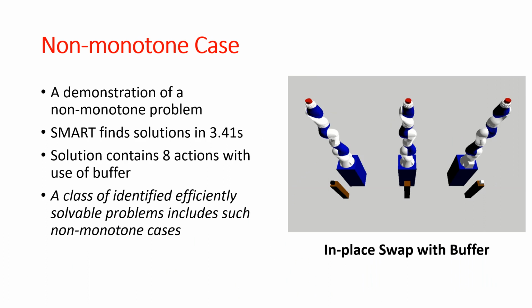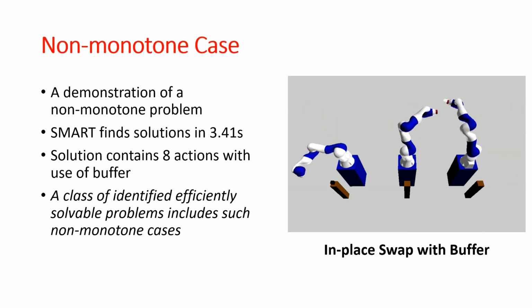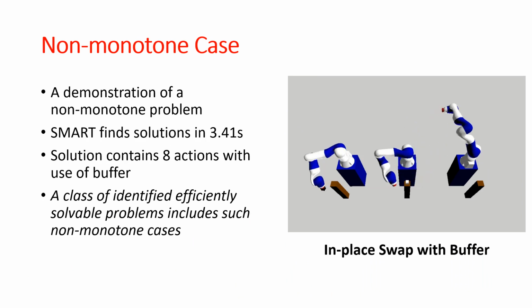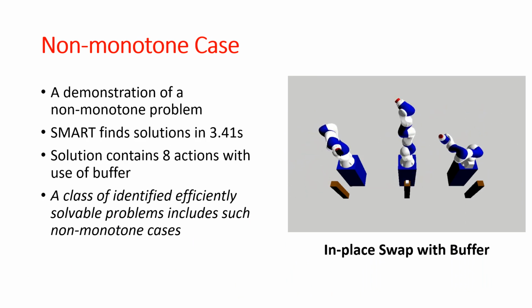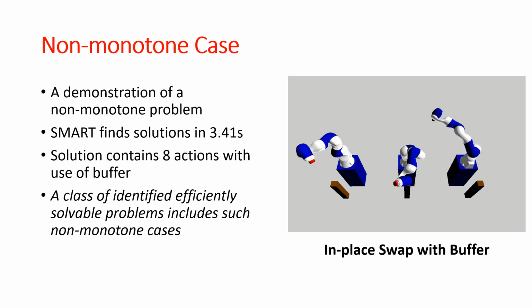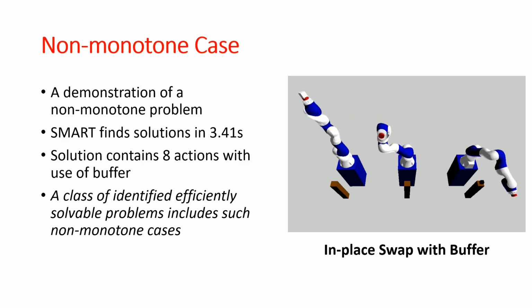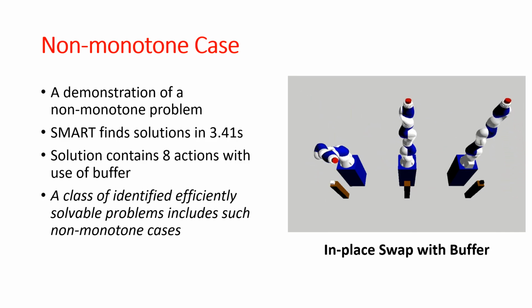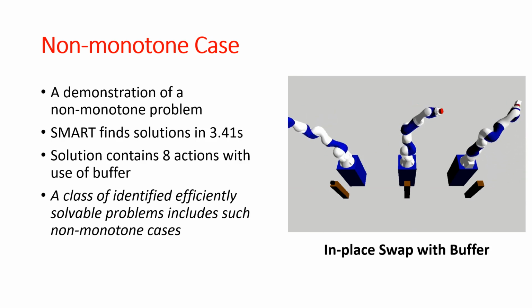Now, for most of the problems that we have discussed so far, the object poses were chosen to be in non-intersecting parts of the workspace, which guaranteed monotonicity, or the guarantee that the object only needs to be grasped once.